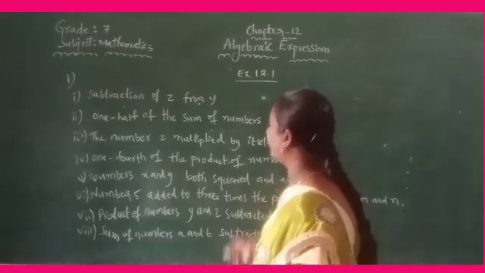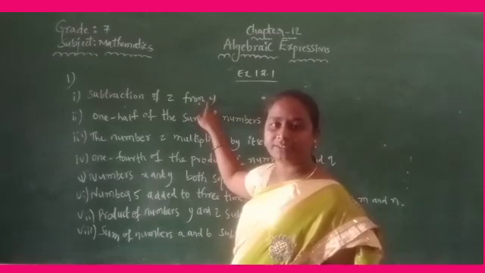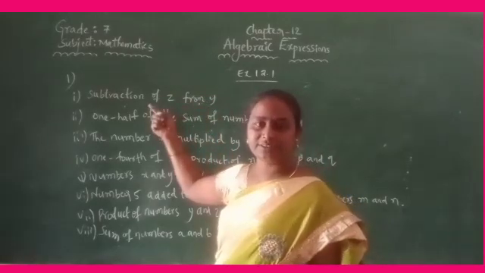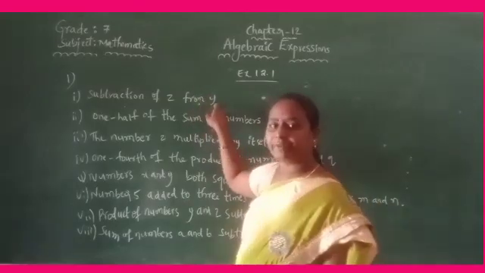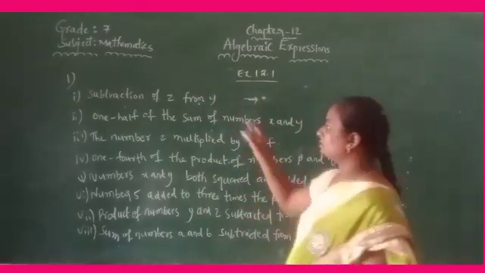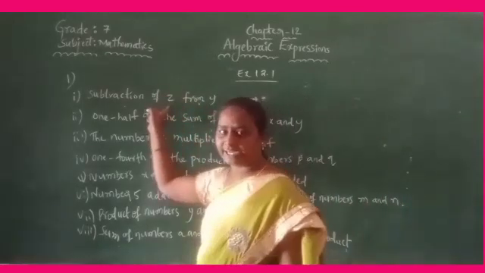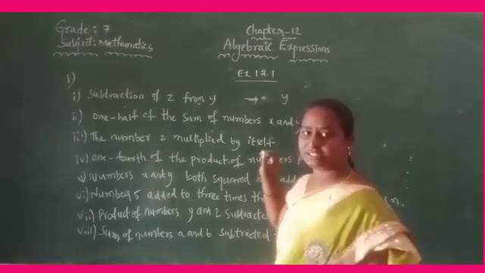Now listen. First one, subtraction of z from y. So we have to subtract z from y. Then how will you write the expression? We are subtracting z from y, so write y first.